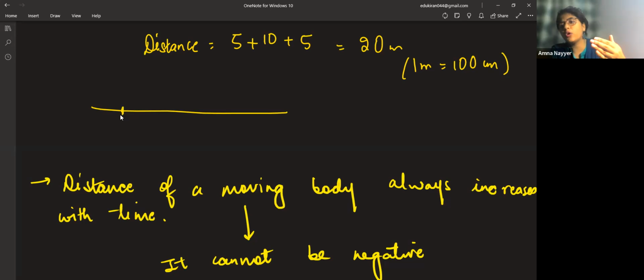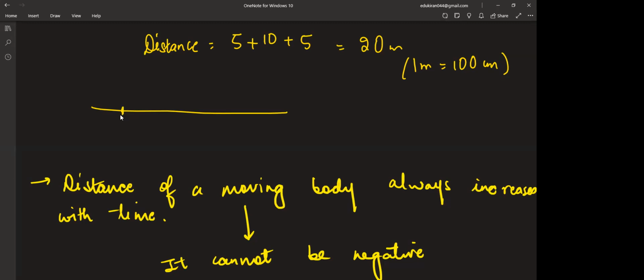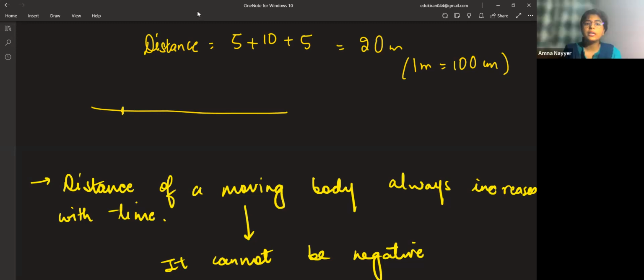Now, even if the body is stepping back, if a person is coming back home, the person has covered the entire steps and has reached his or her destination. But see, even though, what will happen? Time will keep on increasing. Time will never stop. Even if the person steps back, time won't stop, right? So distance will always keep on getting added.